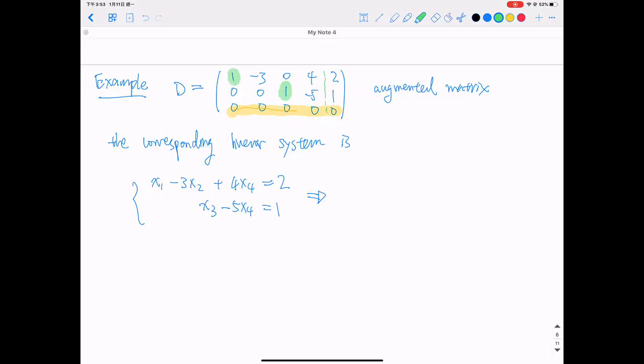They correspond to x1 and x3. So what we're going to do is express, using these equations, these corresponding variables in terms of everything else.